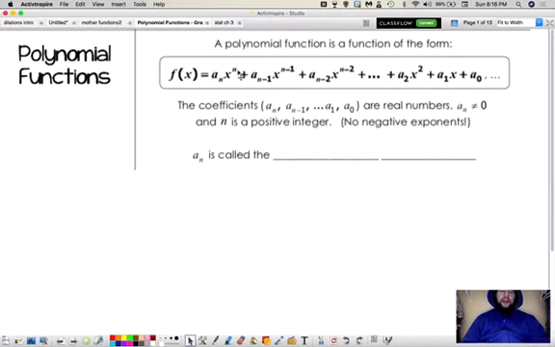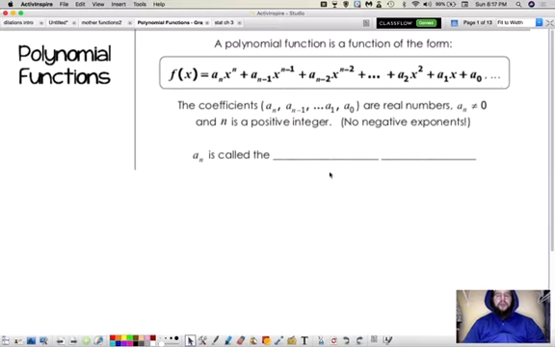Another thing, your exponents must be positive integers. No fractions, no negatives. If you remember, a fractional exponent is a radical, a root. A square root is a 1/2 power. You can't have that. No square root of x, no cube root of x. No fractional exponents and no negative exponents.